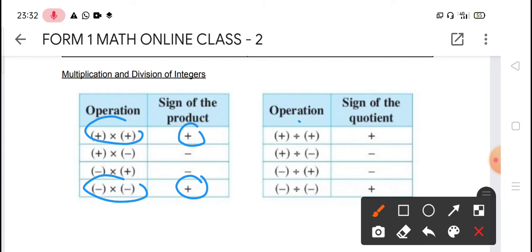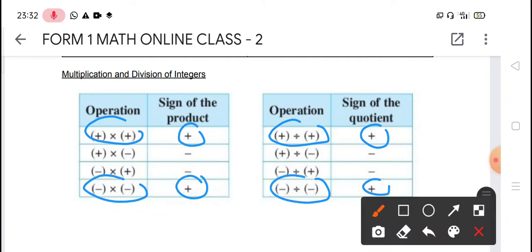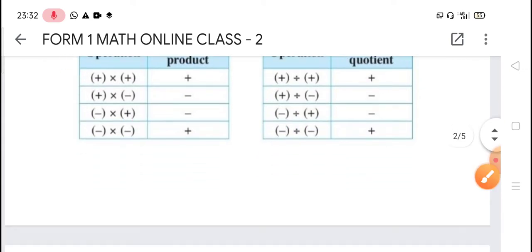If you divide the same symbols, it will also be positive. But if you multiply different symbols, it will be negative. The same happens when you divide different symbols, it will be negative. 所以同学们，乘除是最容易的，相同的符号就会拿到加，不相同的符号就会拿到负，就是 negative.